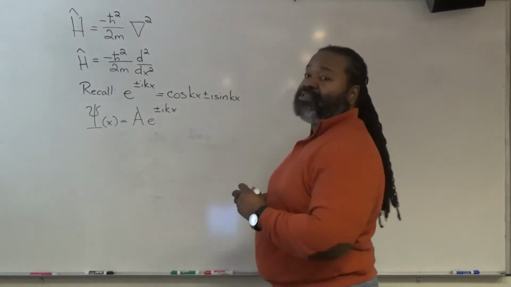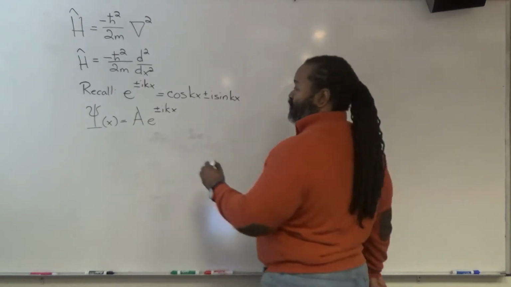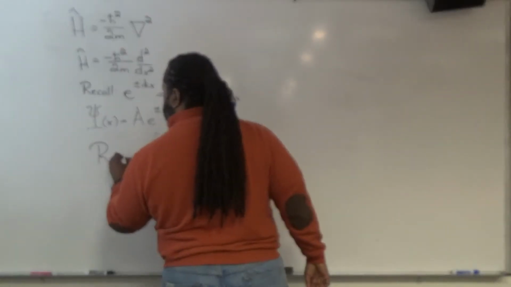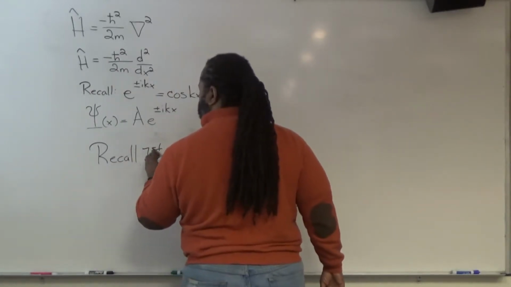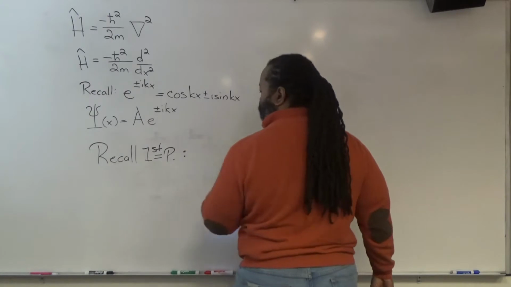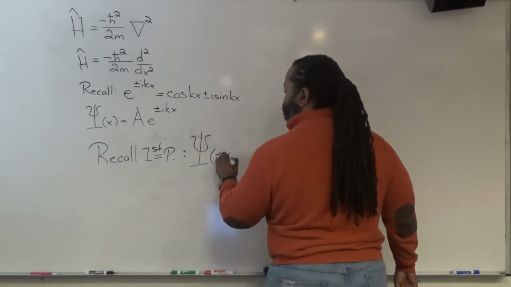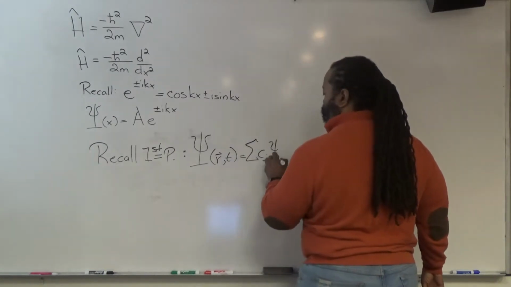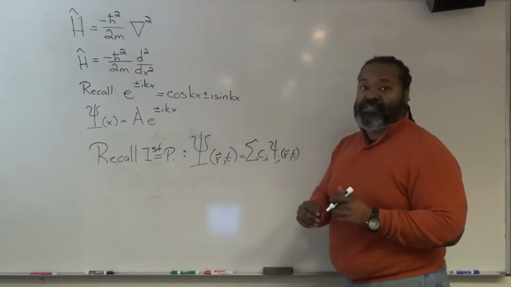we can recall something else: the first postulate tells us that we can build a wave function. So we're going to recall the first postulate, that the wave function of the entire system can be built up as a linear combination of smaller functions.